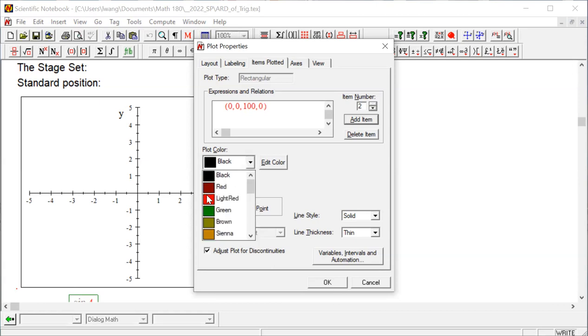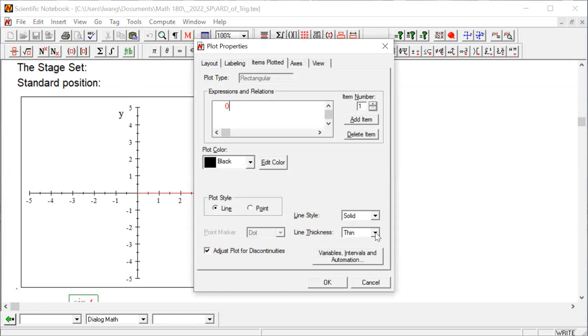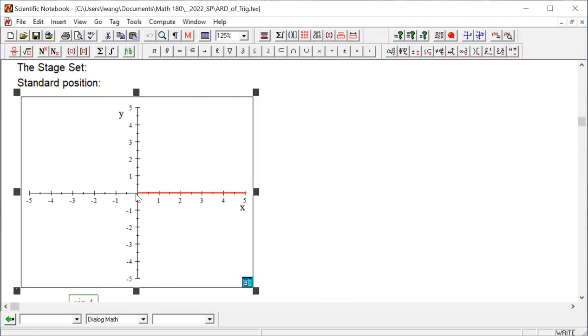I'm going to make it red, and this line is called the standard position. I'll make it thick so you can see. This position is called the standard position, and we measure angles from this position. It could be going counterclockwise or clockwise. Any angle is measured from the standard position.